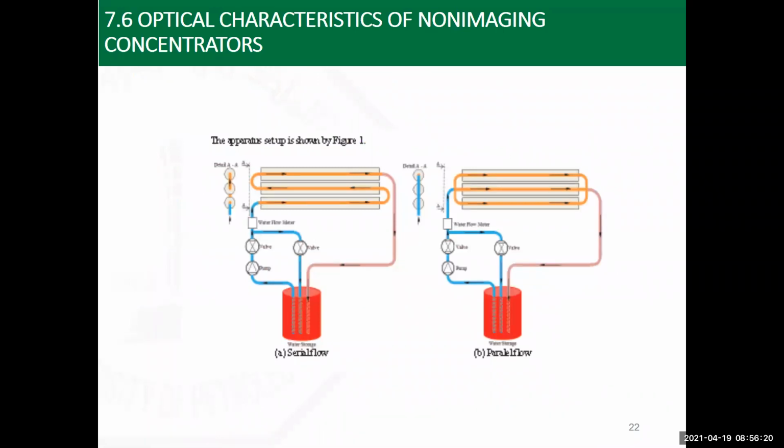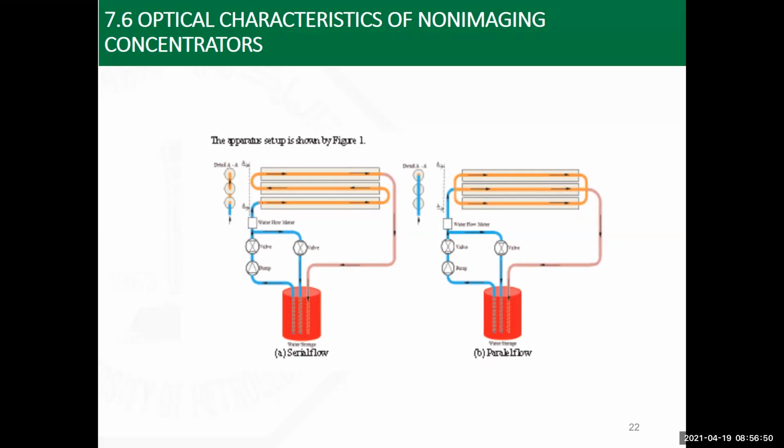The flow inside the tubes here can be arranged so that you have fluid passing in series or in parallel. What are the differences? Basically, in parallel, you are distributing the flow here. If, for example, you have an m dot of the fluid passing here, the m dot is going to be roughly divided by 3, so that a smaller amount of flow is going to pass through each tube, and they are going to be combined at the end.